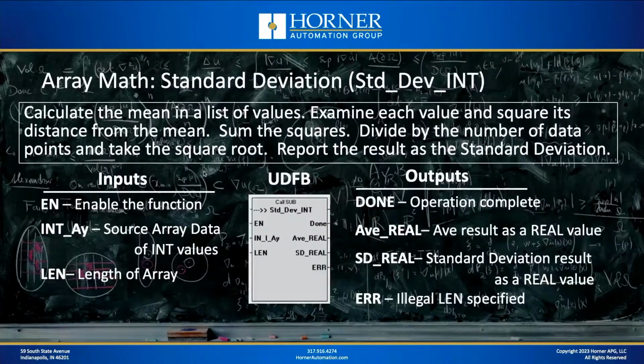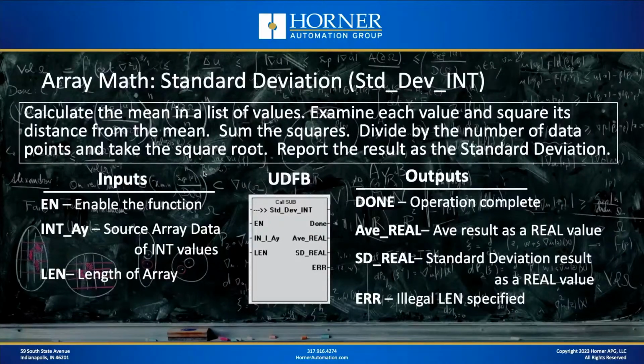When you're taking the standard deviation of a sample, you're dividing by the number of data points minus 1, and then you take the square root, as opposed to a population calculation, which divides by the number of data points. So there's a difference there. But keep in mind, this UDFB uses the sample algorithm. After you've divided by the number of data points minus 1 in our case, you take the square root of that value, and that is your standard deviation.